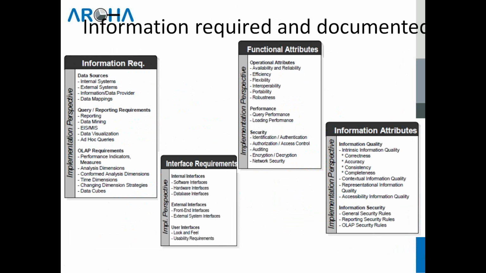Then you have information requirements, from an implementation perspective: information, interface, functional, and how the quality of the data is available. Any document you see in your company will fall under one of these.